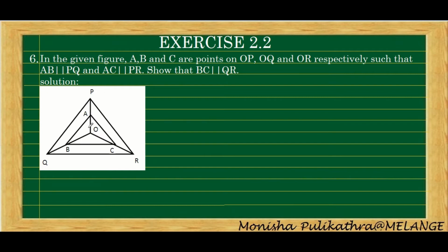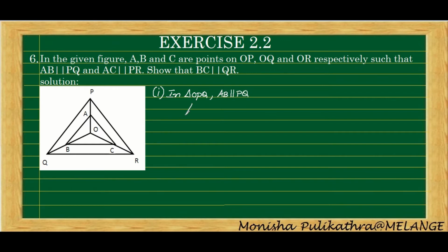Okay. So here you can see clearly there are three triangles merged with each other. One triangle is OQP, one is OPR, and one is OQR. So we have to solve step by step. First one, let us take triangle OPQ. In triangle OPQ, AB is parallel to PQ.